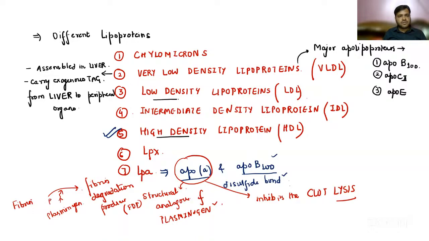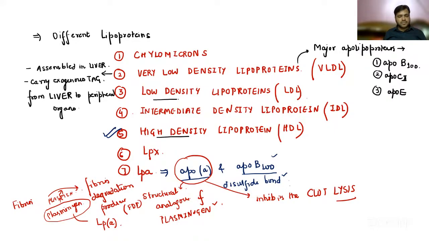Plasminogen basically converts into plasmin, and this acts on fibrin. Now remember, instead of acting on fibrin, plasmin will act on lipoprotein A. Then nothing will happen.